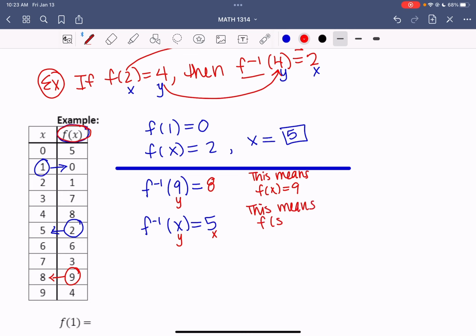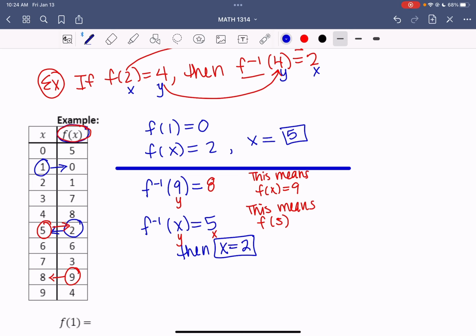So what is f of 5, if we look at it from the f of x side of it? I'm going to go where I find an x value of 5, and that links to 2. So that means f inverse of x equal to 5, then x equals 2.